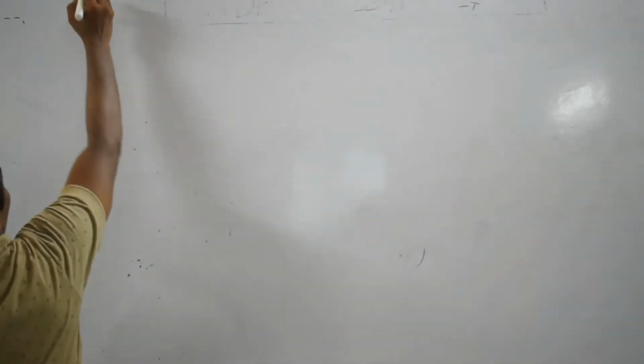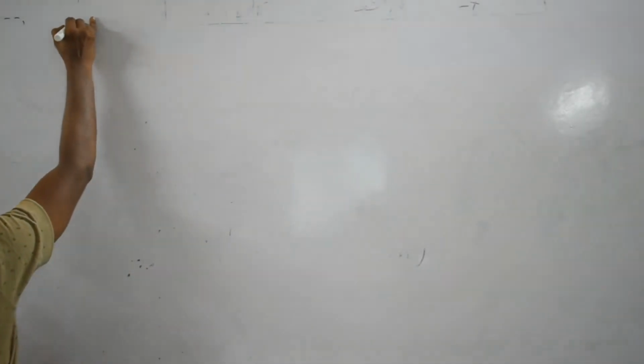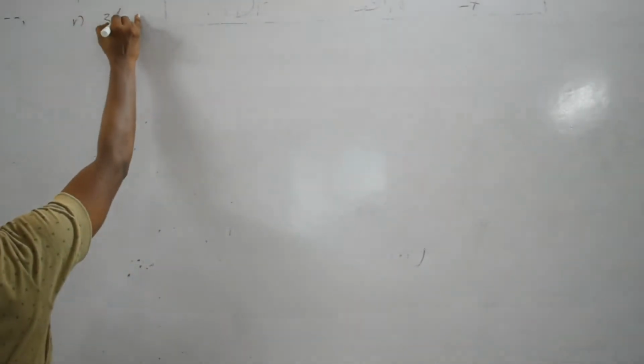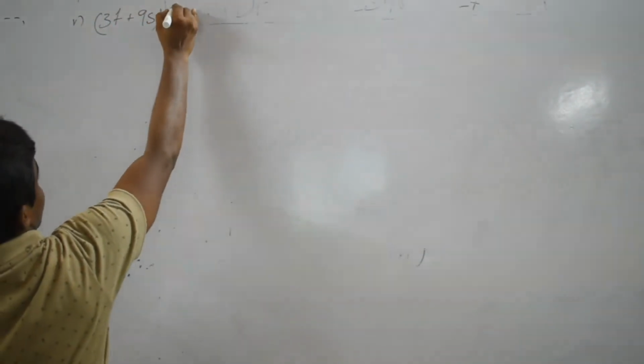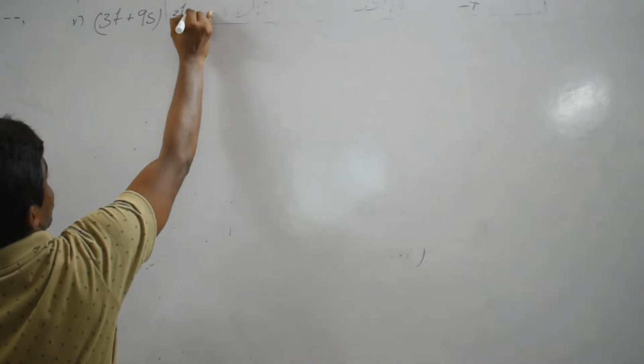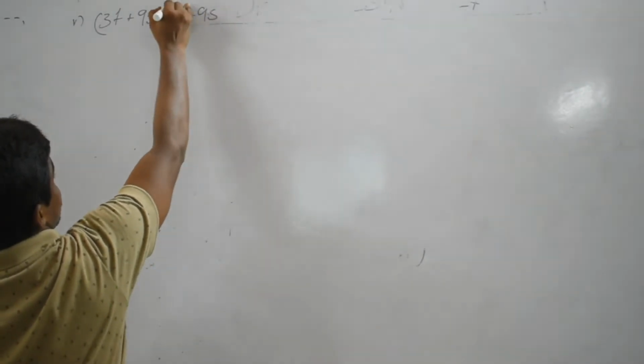Next one, the fifth one: 3t plus 9s times 3t minus 9s.